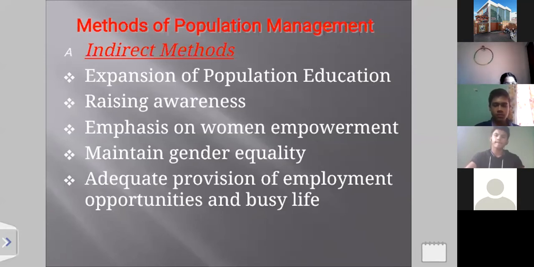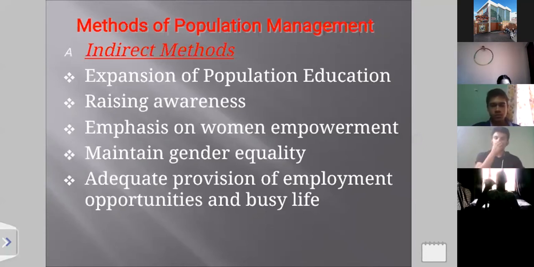You can see on the screen the last indirect method, the adequate provision of employment opportunities and busy life. Could you please share your view, your opinion about that indirect method of population management? What is your thought? Please share with us about that method.